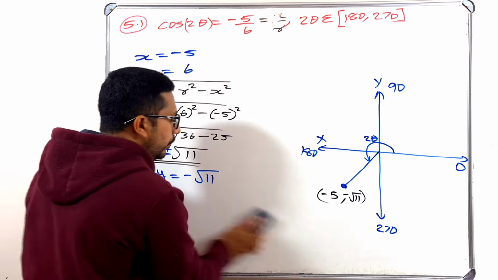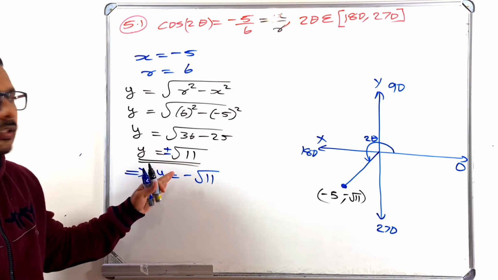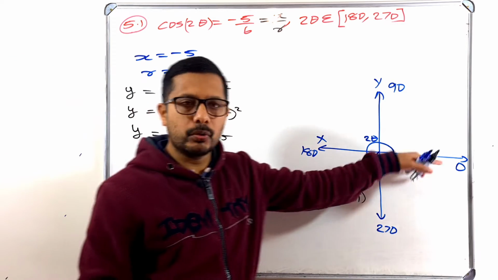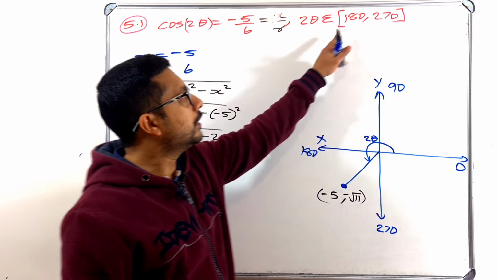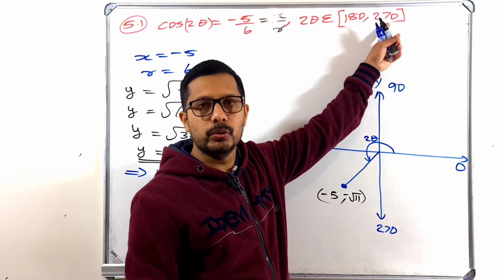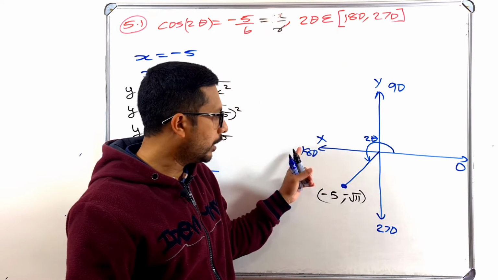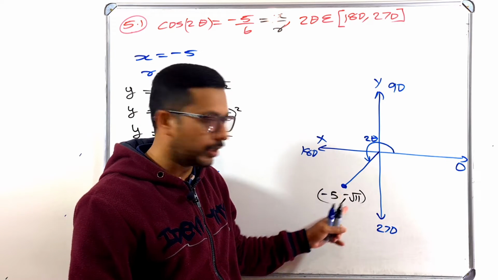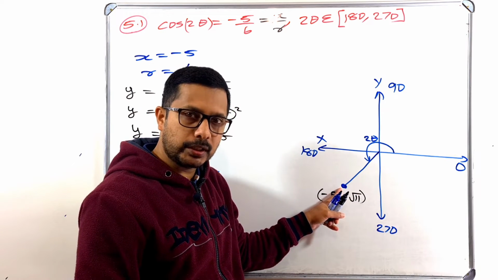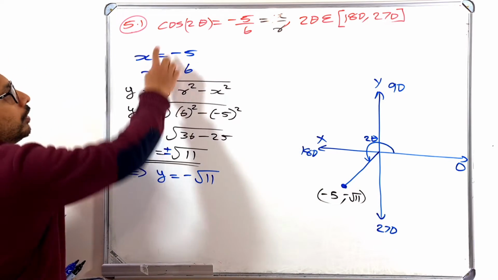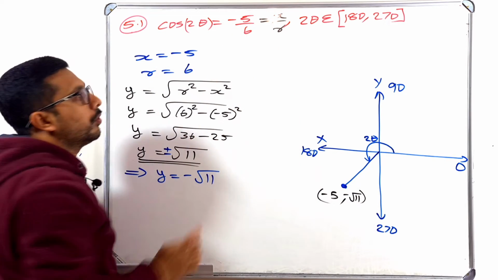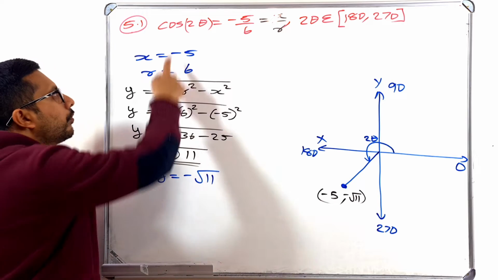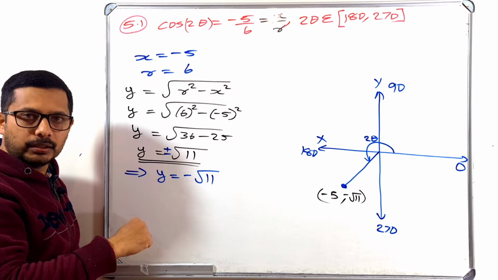Listen once more before I erase this. What I did: first I drew a Cartesian plane, then it is given that theta is from 180 to 270, which means it is on the third quadrant. So I drew a line and put a point here. And what is given? Cos theta is minus 5 over 6. What is the definition of cos? Adjacent side by hypotenuse.